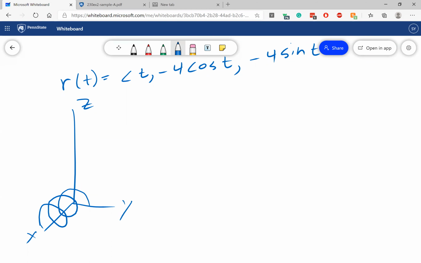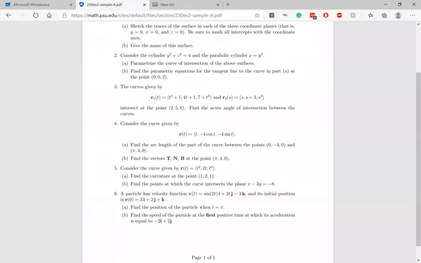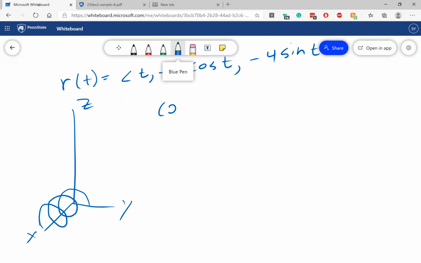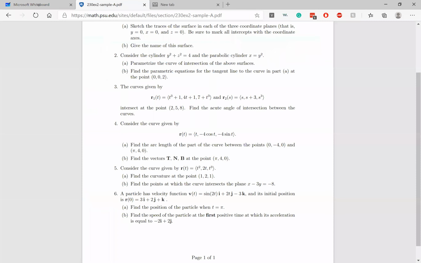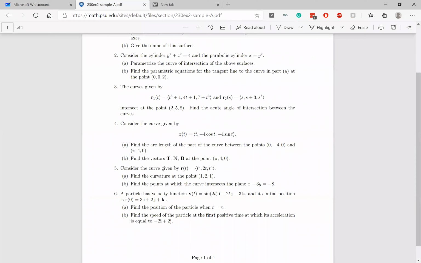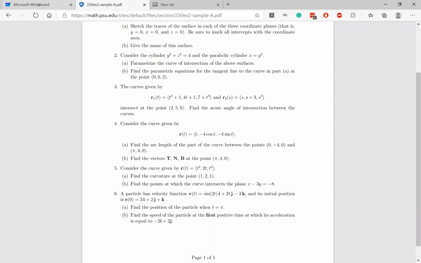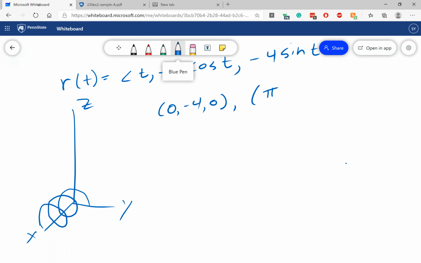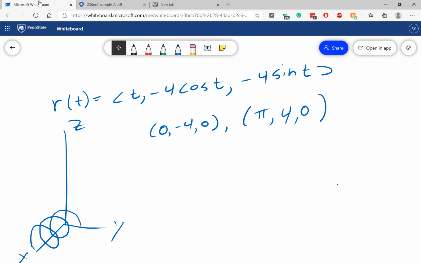So now the first thing that they ask us to do is to find the arc length from some point to another point. The first point was 0, -4, 0, and the second was pi, 4, 0. We want to know what t's get us to these points.